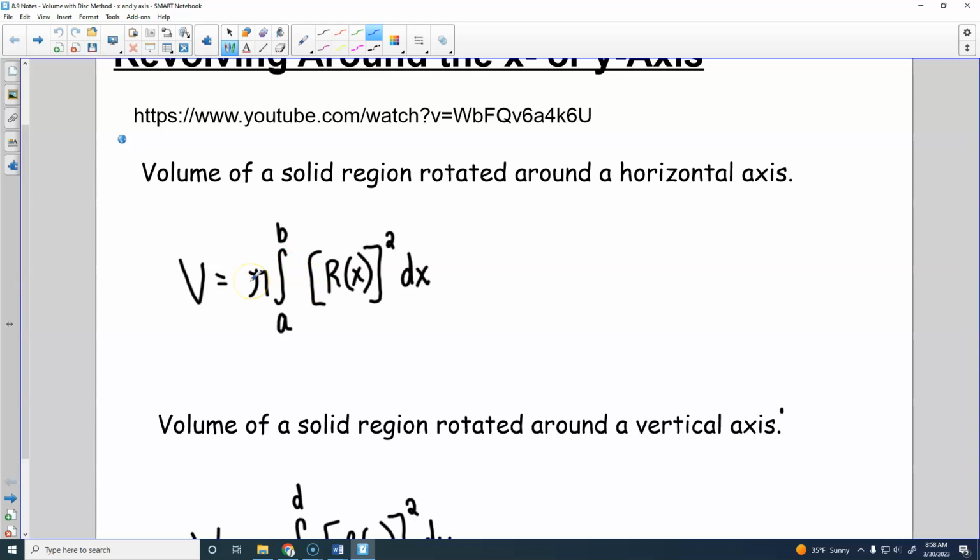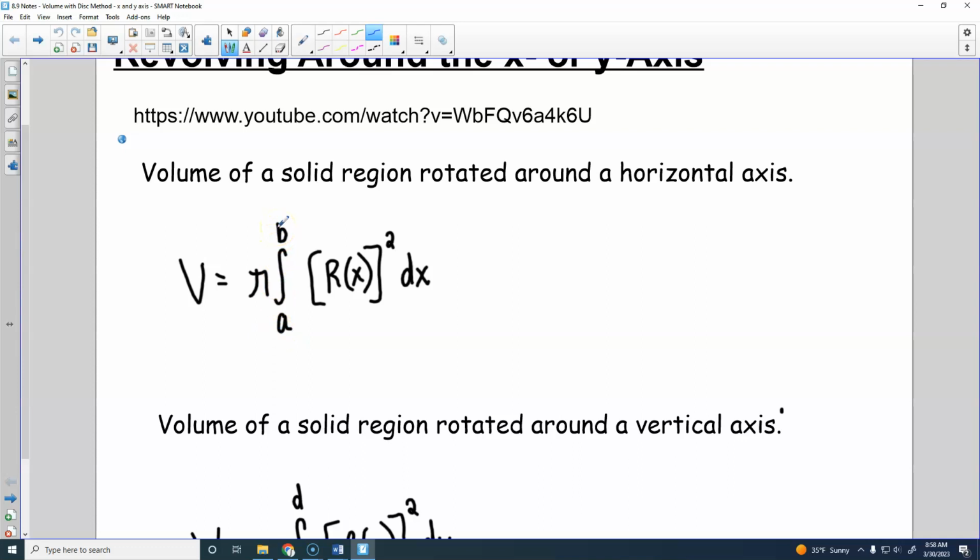It really doesn't matter. As far as evaluating it, it's easier to pull the pi on the outside so that you don't have to include that in your integral, because it's just a coefficient. I'm using a capital R of x right here for that outside radius. So it's pi r squared, and you're evaluating it from A to B.